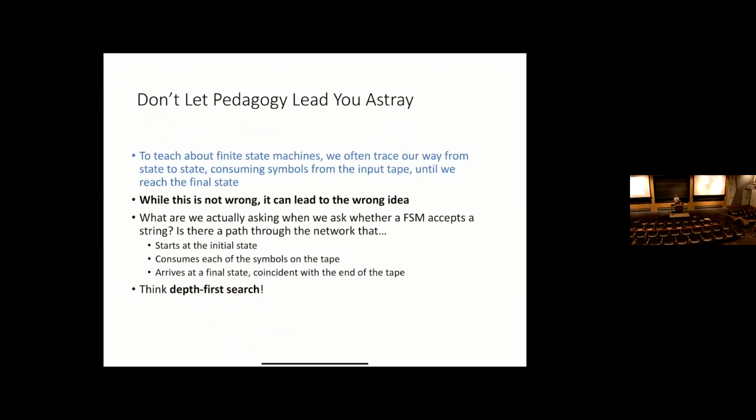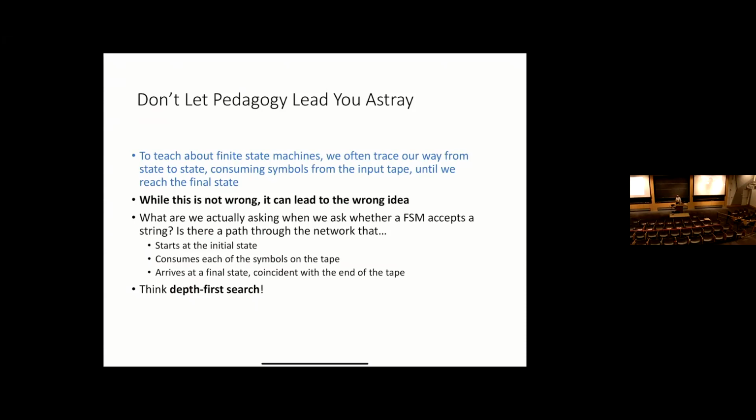So here's something to keep in mind. People often get confused about this. They get the wrong idea. They get led astray by pedagogy. We tell you to think about FSAs by tracing your way from state to state, consuming symbols from the input until we reach the final state or accepting state.